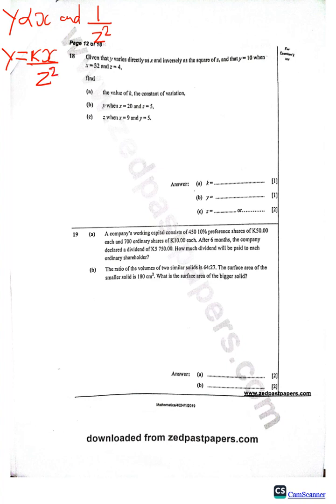Now let's look at the first part, a. Find the value of k, the constant of variation. So let's solve for k. To solve for k, the given numbers in the first part are the numbers that you have to use.